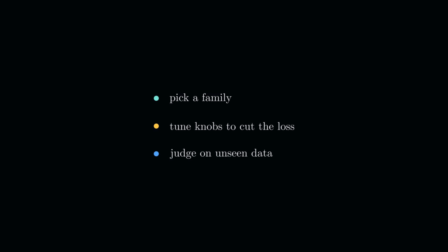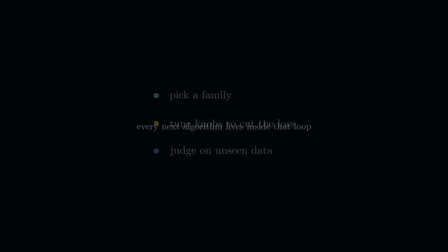So that's supervised learning with the hood up. Choose a family of functions, change its settings to drive down a loss measured against labels, and then judge it when the data is quite new, on the test set. Every algorithm in the next several videos lives inside this very loop.